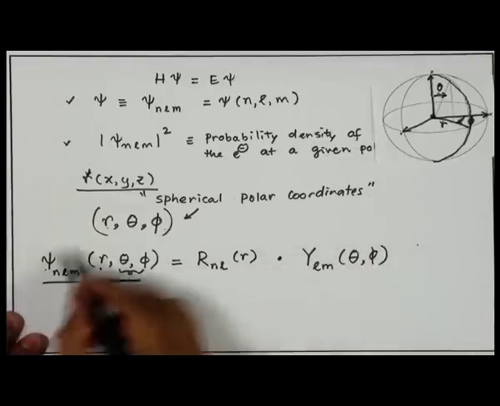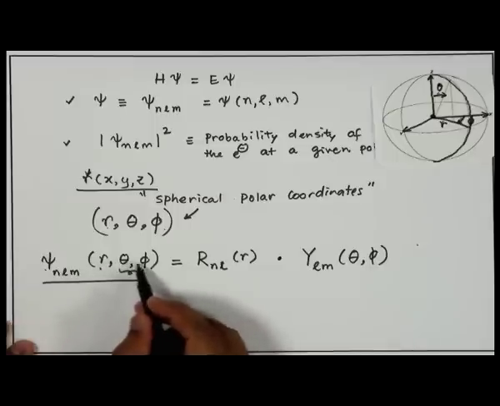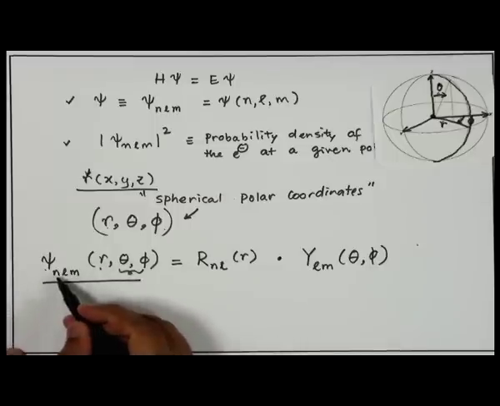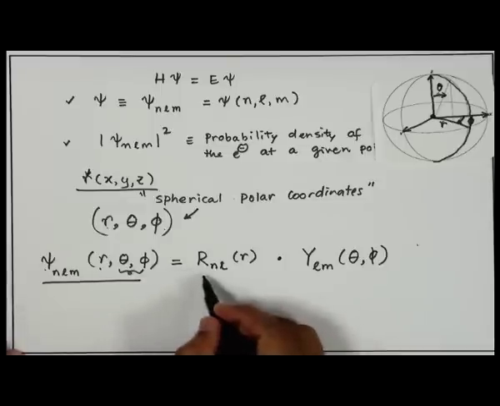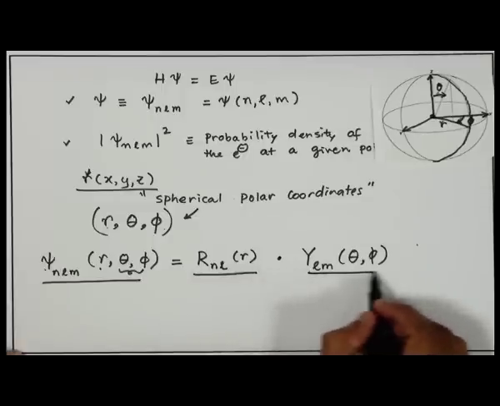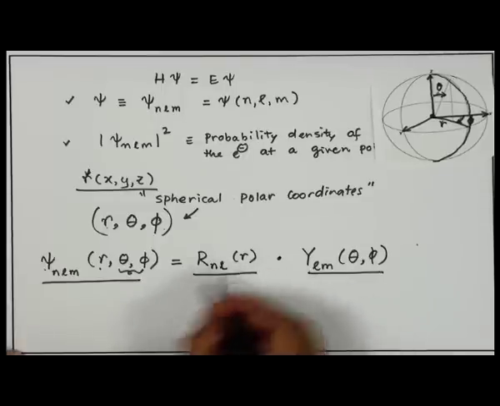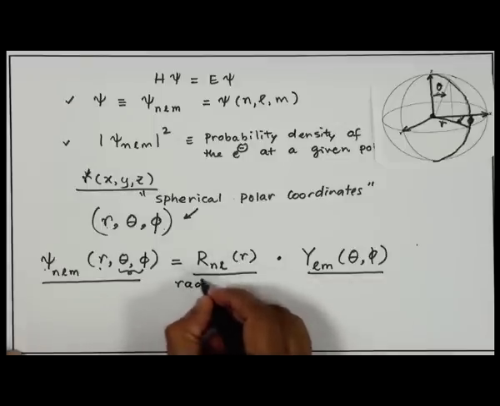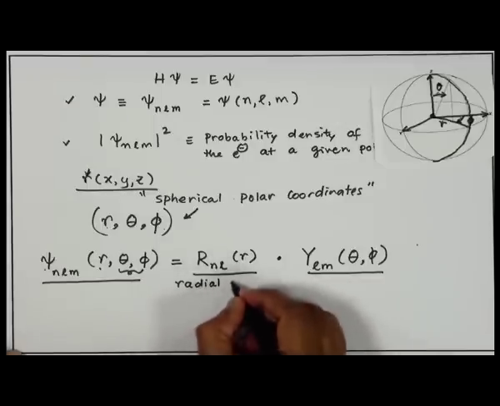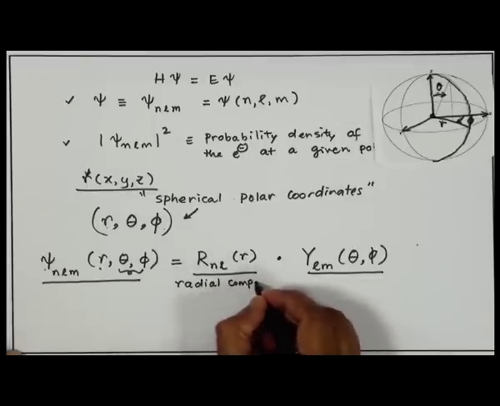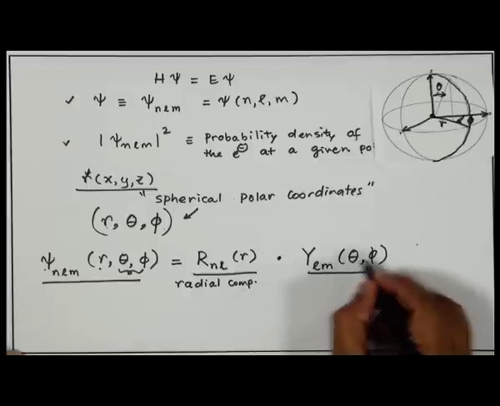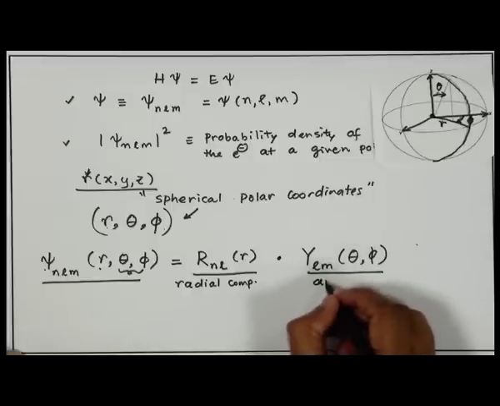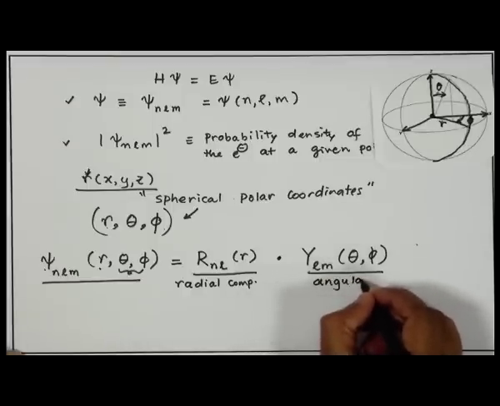So, this is the total wave function which depends on r, theta and phi, and is signified by 3 quantum numbers n, l and m. What we are showing you is that we have broken down this wave function into 2 different components. The first term depends only on the radial part, so this is the radial component. The second part depends on theta and phi, and that is called the angular component.